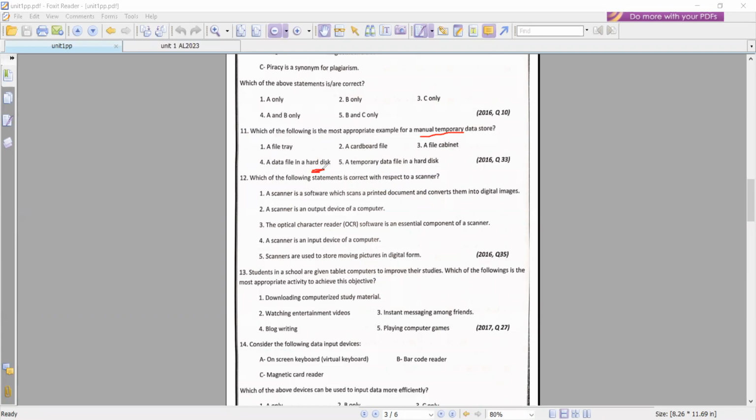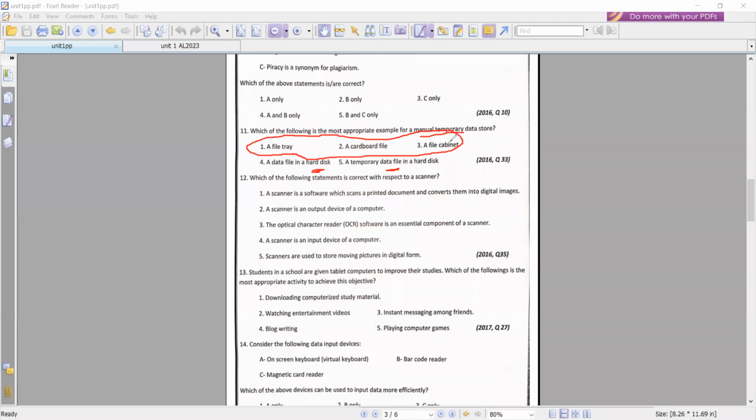This is not manual, this is computerized. This is also computerized. So out of these three, we have to find out which one is the temporary one. Temporary means when you put data, after that you can remove it and then put data again, right? So file cabinets are not temporary.